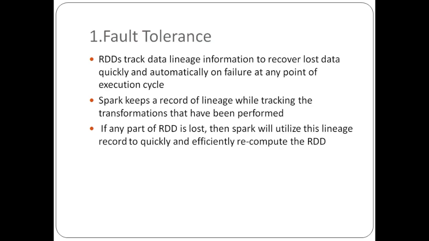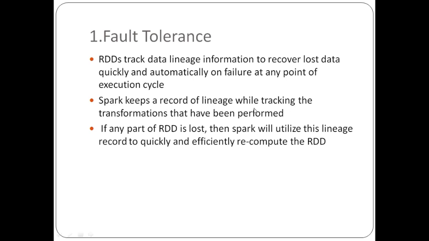First one, fault tolerance. Once an RDD is created, once you have loaded some file, if you perform some transformations, then based on whatever logic you have written, that lineage graph will be formed.